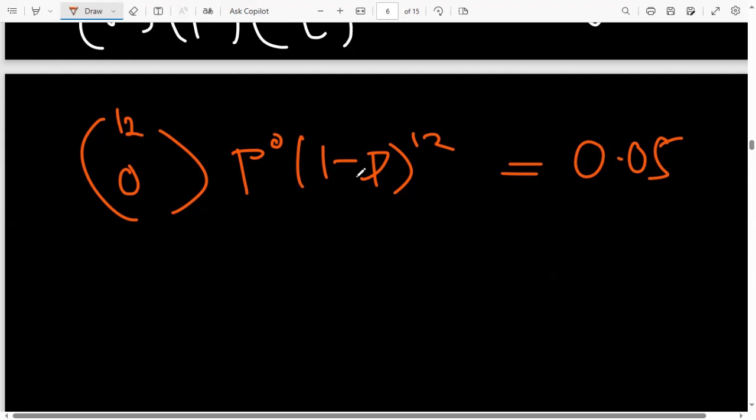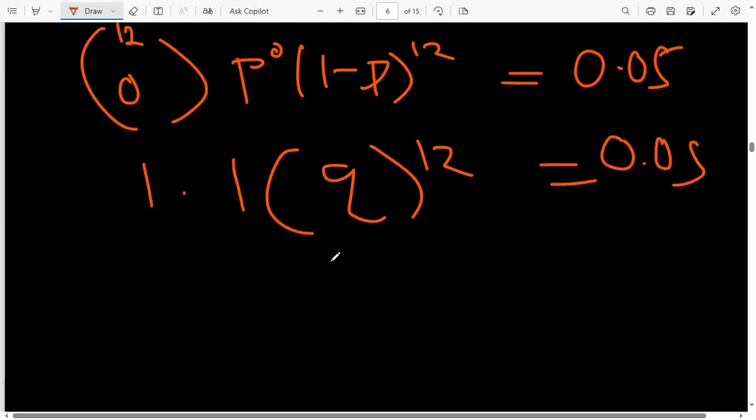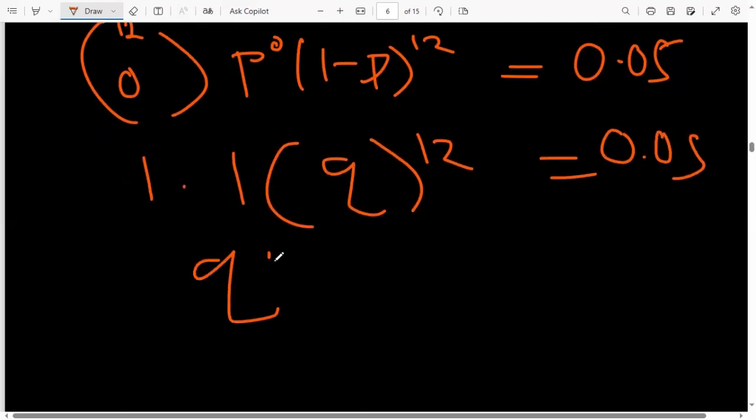Anyway, I think we should have left Q here, because this will just cause us to do an expansion again. So any number combine 0 is 1, multiplied by P to the power 0 which is 1, and then I should just have left it as Q to the power 12, which is equal to 0.05. So we have Q to the power 12, which is equal to what?